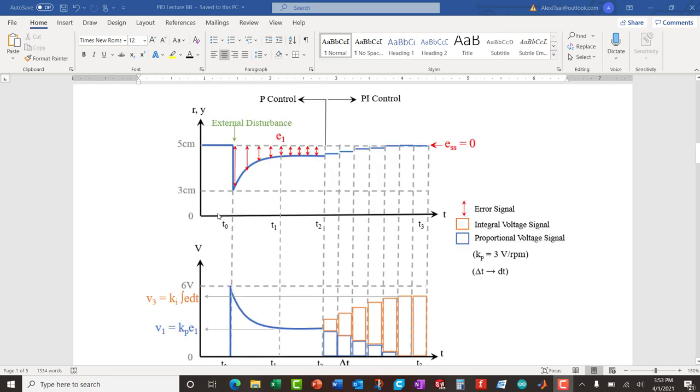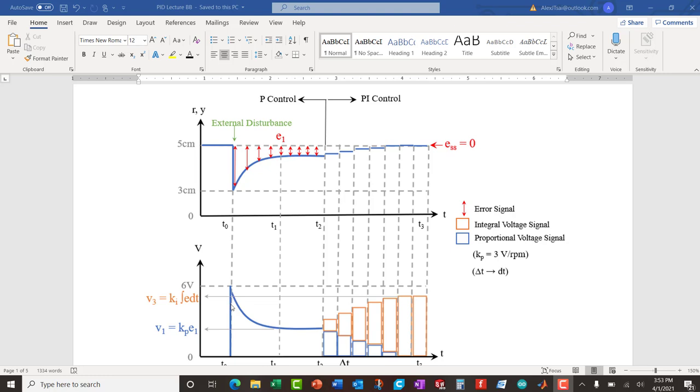All of a sudden at T0, there is a disturbance, so somebody's pushing that ball so that it moves closer to the sensor at 3 centimeters. Now, because proportional control is proportional to the error, we have the error signal denoted by these red arrows, okay? So the error is the difference between 5 and 3, and at time T sub 0, it is 2 centimeters.